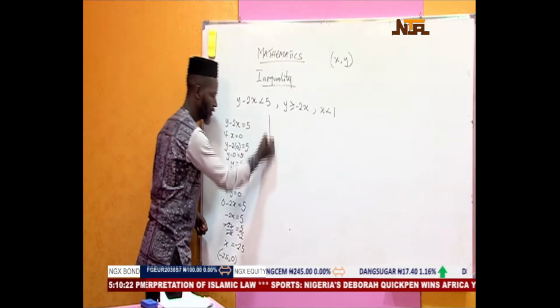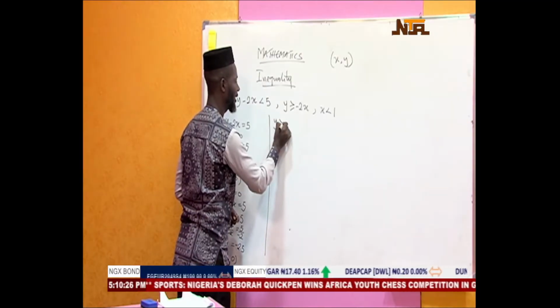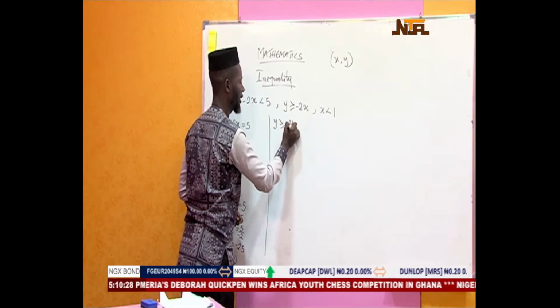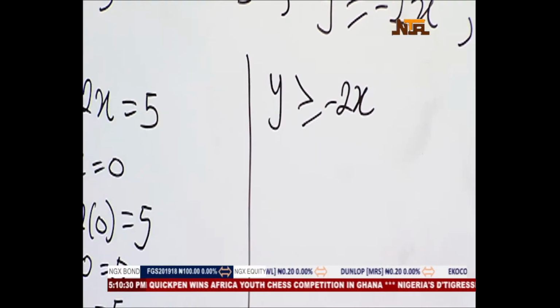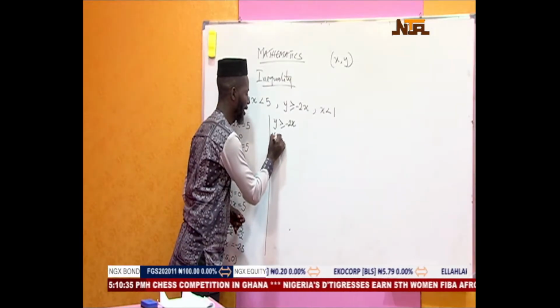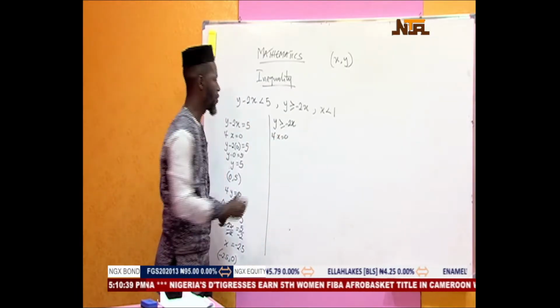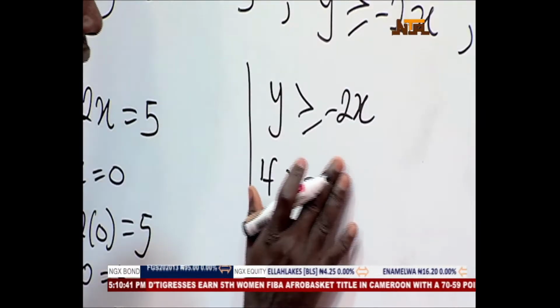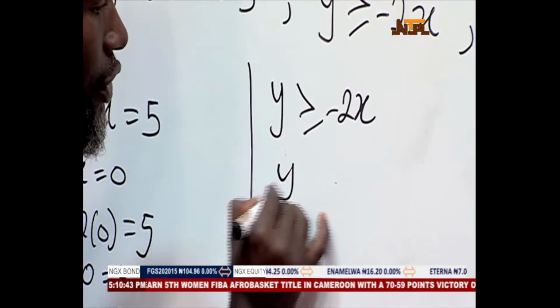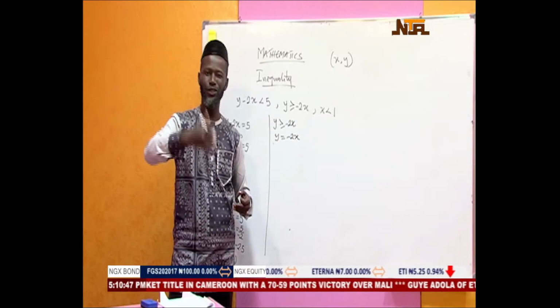Now, let's proceed to the second one, which is this. We have y greater than or equal to minus 2x. Now, like the previous one, we assume that our x is equal to 0. We firstly assume that y is equal to minus 2x, coming to the normal equation because we are talking about a straight line.